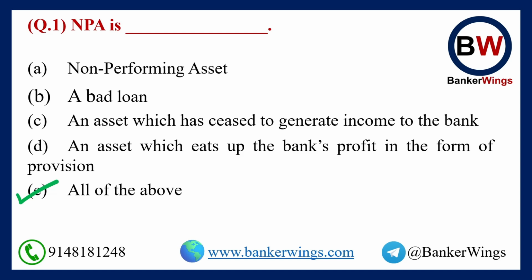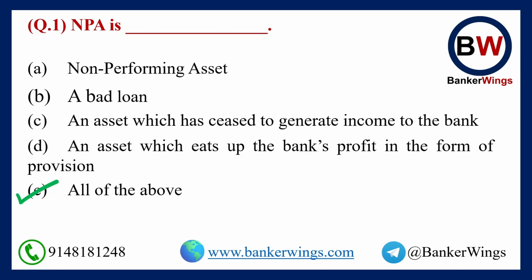And look at option D. Not only does an NPA stop generating income to the bank, but the bank will also have to set aside a portion of its profit for the sake of that bad loan. When a bank sets aside a portion of its profit for the sake of this NPA or a bad loan, that portion that is set aside is called provision.